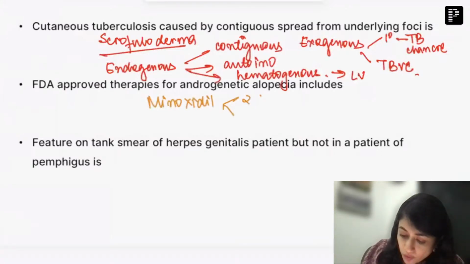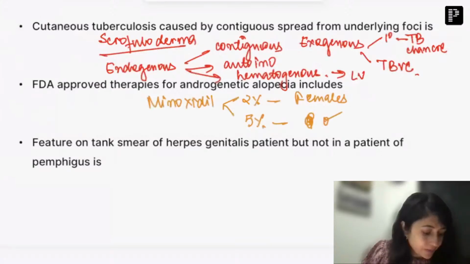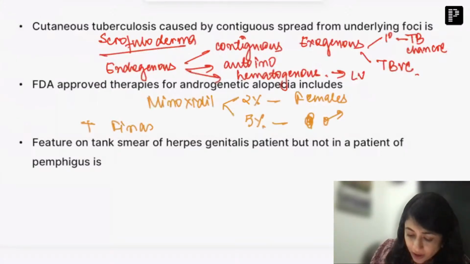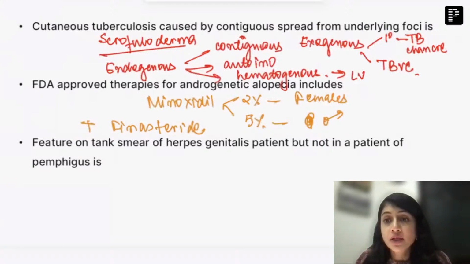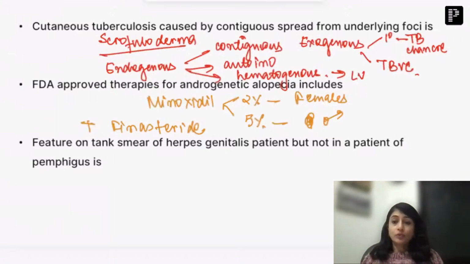And you use 2% minoxidil for females and you use 5% minoxidil for males. Yes, absolutely right. Even finasteride is FDA approved. Finasteride is a 5-alpha reductase blocker, and both minoxidil and finasteride are approved by FDA for androgenetic alopecia.